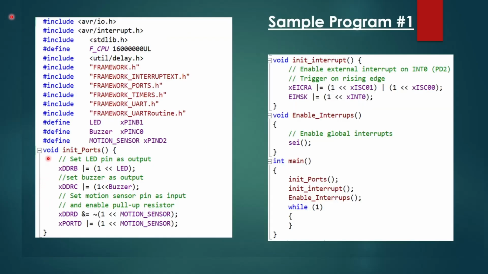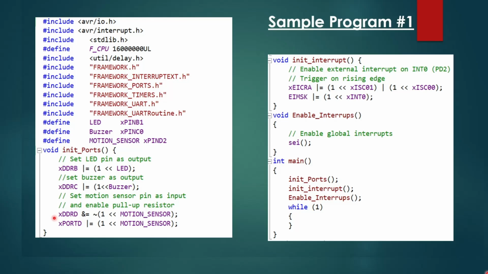So let's start by looking at the init ports. What we do with this statement is we enable the port B to be output, so we can turn on LEDs. Next, we enable the port C to be output also, so we can drive the buzzer.